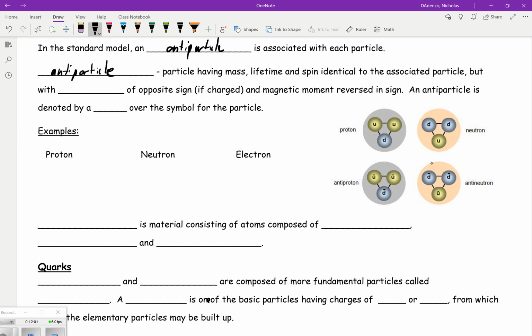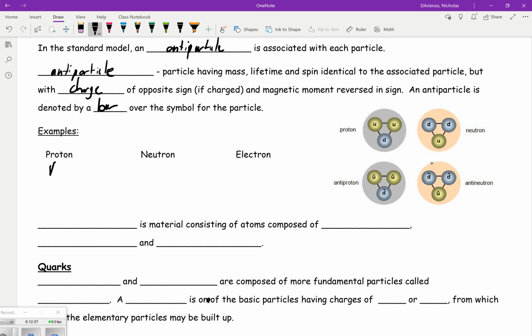It's a particle having mass, lifetime, and spin identical to the associated particle, or the form of matter, not antimatter. But it's going to have charge of opposite sign if it is a charged particle, and magnetic moment reversed in sign. And the antiparticle is denoted by a bar over the symbol for the particle. So to give you an idea, a couple examples.